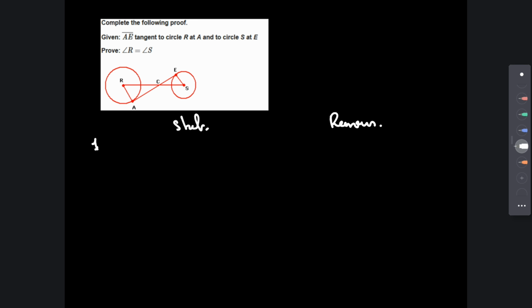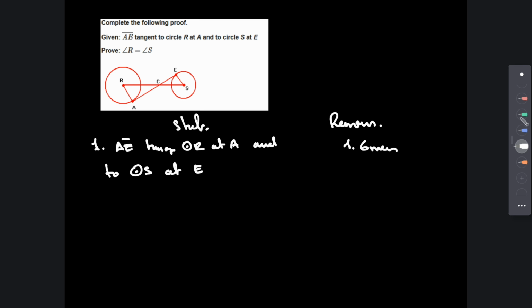So first, the given: AE is tangent to circle R at A and to circle S at E. This is the given. All right, what kind of information can we get from the figure?